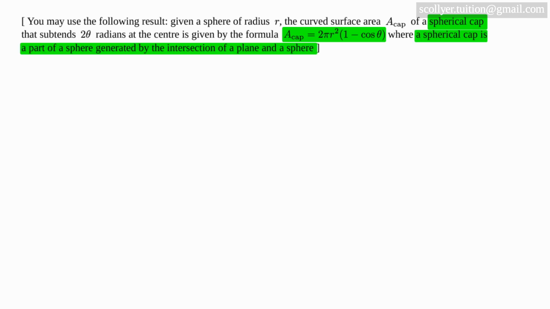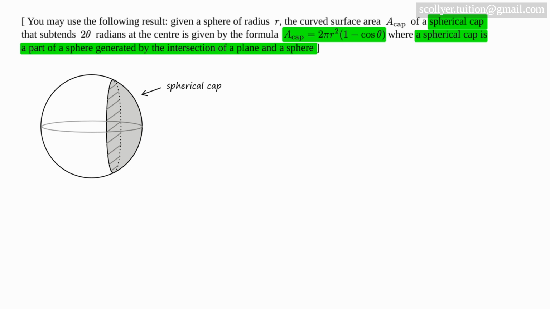And a spherical cap is a part of a sphere generated by the intersection of a plane and a sphere. So a spherical cap looks like this, and if it subtends 2 theta radians at the centre and the circle has radius r, then the area is given by the stated formula.